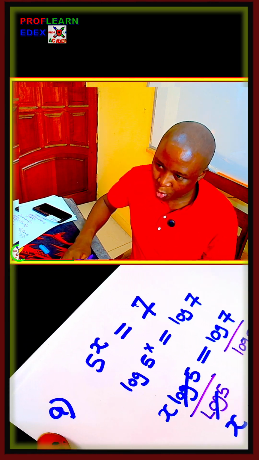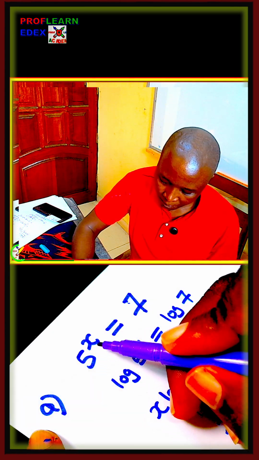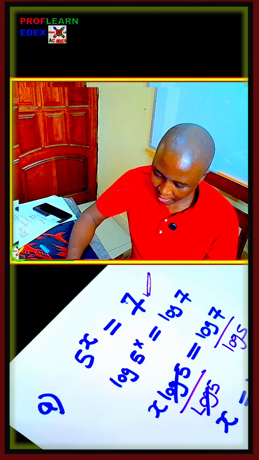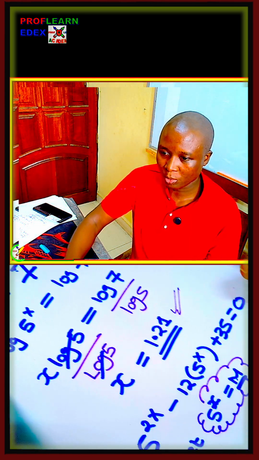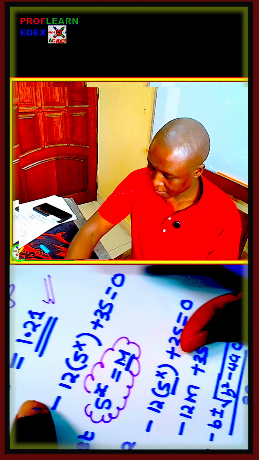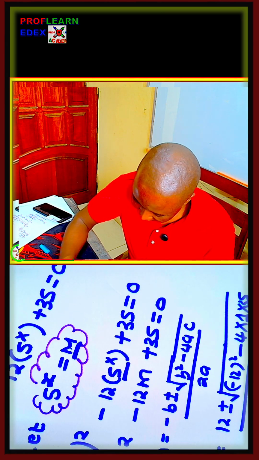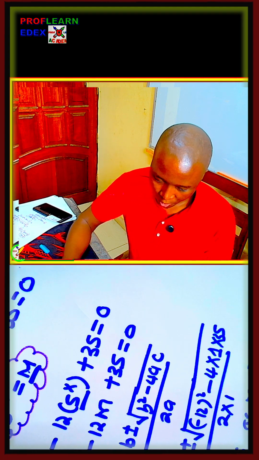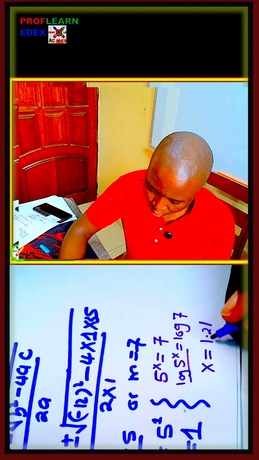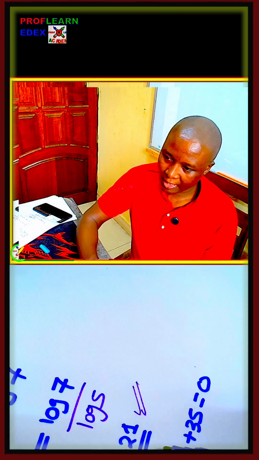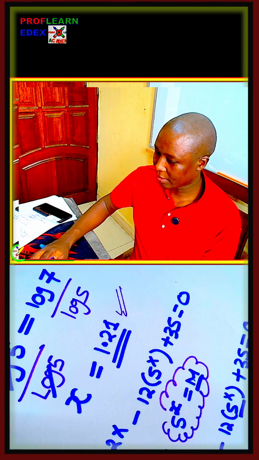From part A we had already worked out this part, because this question had part A and part B. So our x is going to be equal to 1.21 when you use logarithm.